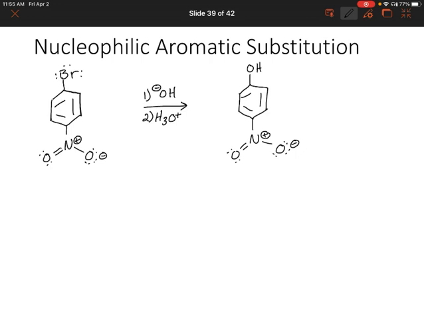All right, so there's a few things that must be true in order for a nucleophilic aromatic substitution reaction to occur. First, you need a good leaving group. So in this example, the leaving group is bromine. Next, you need to have a strong deactivator or electron withdrawing group.